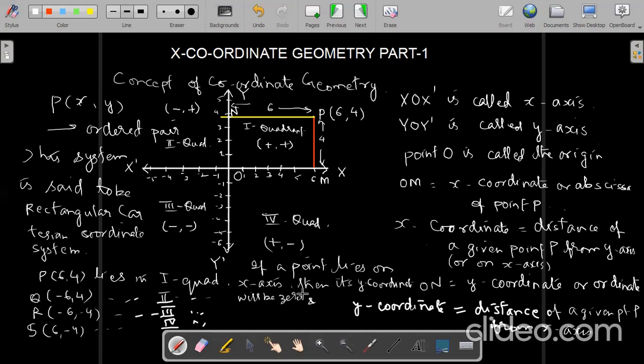And vice versa, if a point lies on the y-axis, then its x coordinate will be 0.